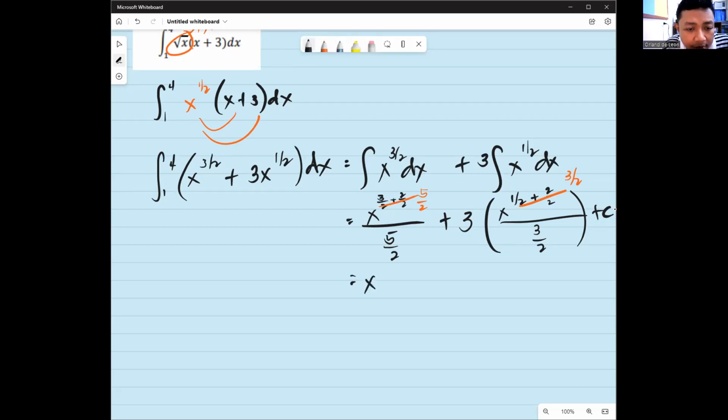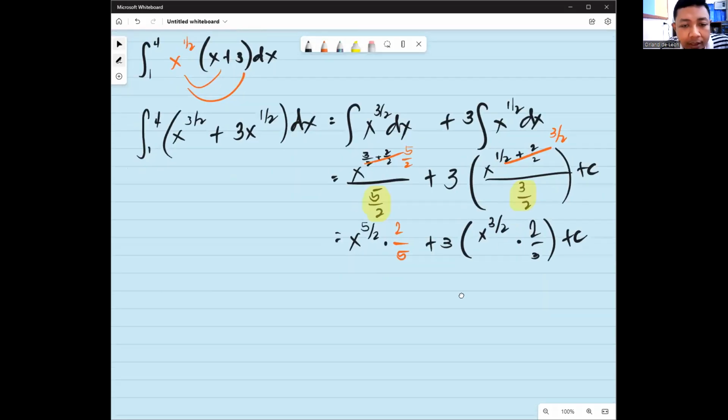So we will have x raised to 5/2 times the reciprocal of this, because we have a complex fraction, so 2/5, plus 3 times x raised to 3/2 times the reciprocal of 3/2, that's 2/3, plus c.